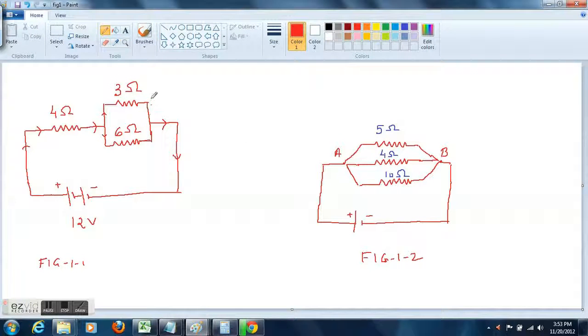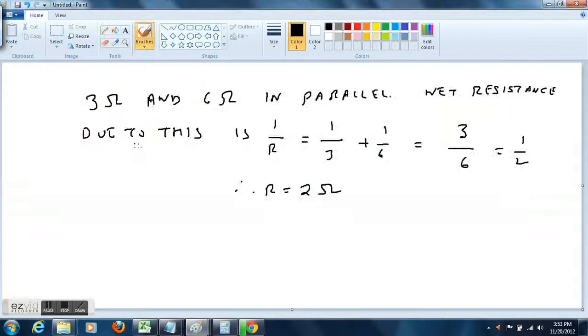Now let us see if we can simplify this diagram. So this becomes 2 ohms. So now effectively we have one 4 ohm and another 2 ohm in series, and the battery is 12 volt.